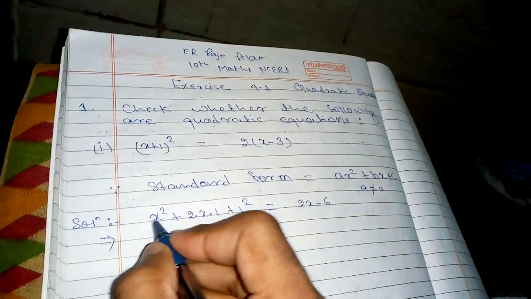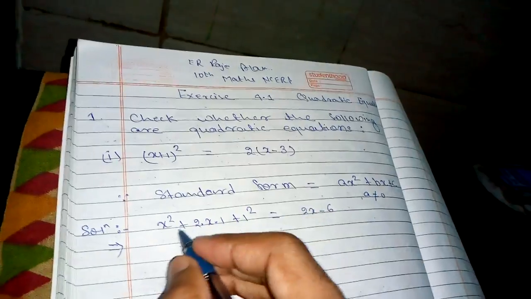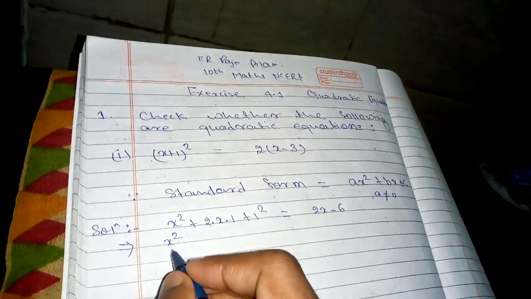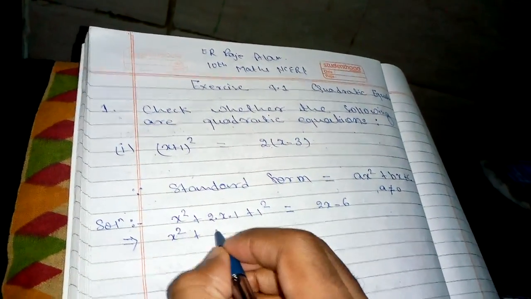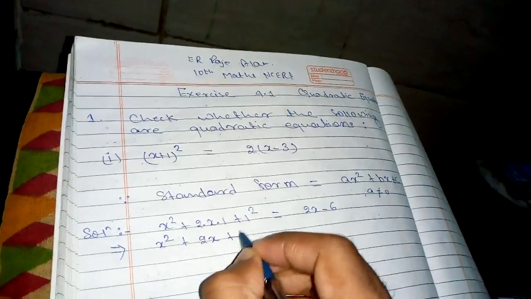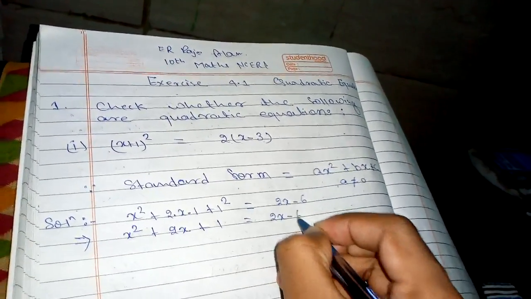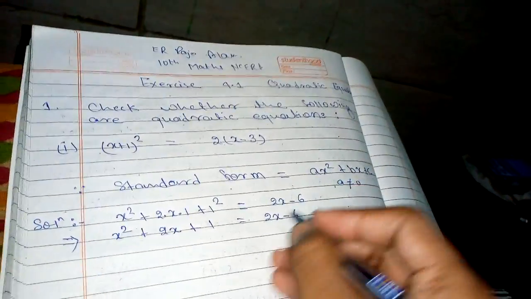Simplify: x square is single here, since there is no other x square. Same, write it: x square plus 2x plus 1 is equal to 2x minus 6. Here is an important key to understand.